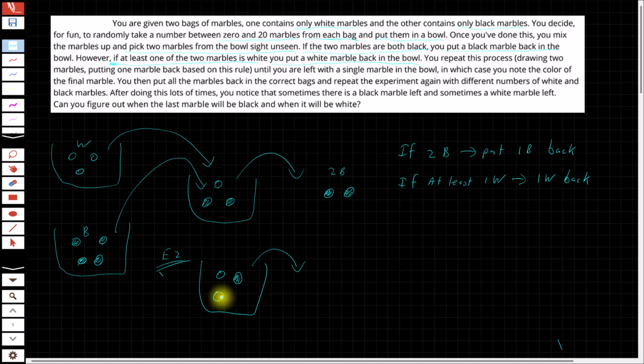Maybe we pull out the white and the black, which means we can't use this rule, we have to use this rule. We put one of those white back in, and that black stays out, which means we're left with two white marbles in the bag, which means the last marble to be in the bag will be white.